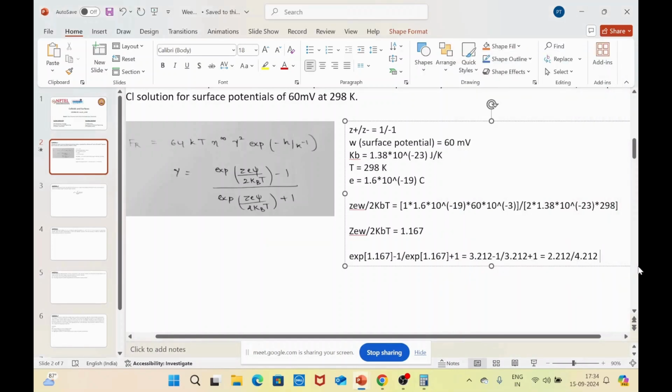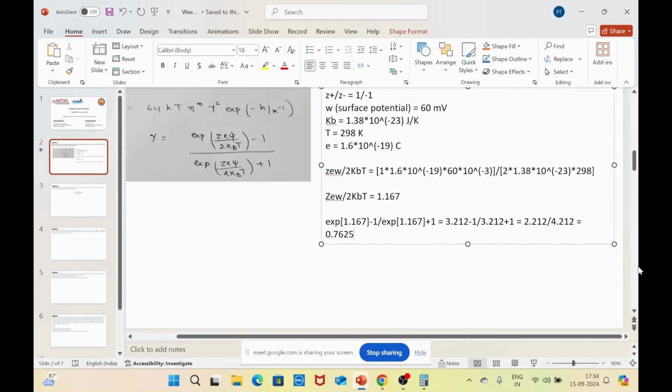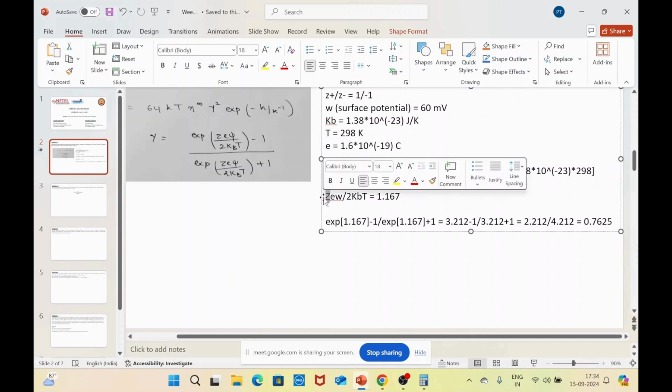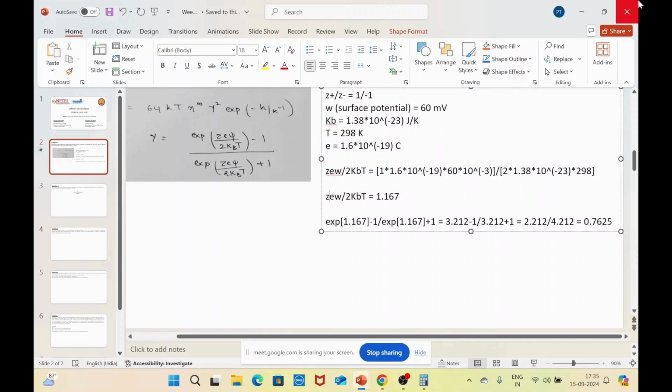So it's coming around 0.7625. What value did you get? Can you please repeat what value you got for gamma? What value did you get for this ZE psi by 2 kBT? Okay, you just directly substituted in the equation.